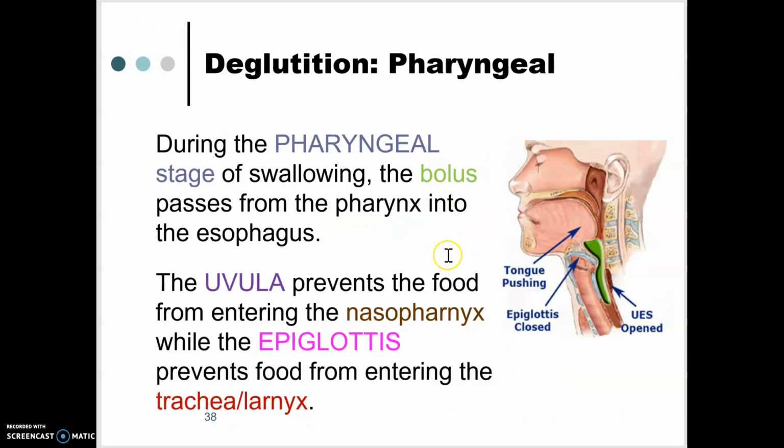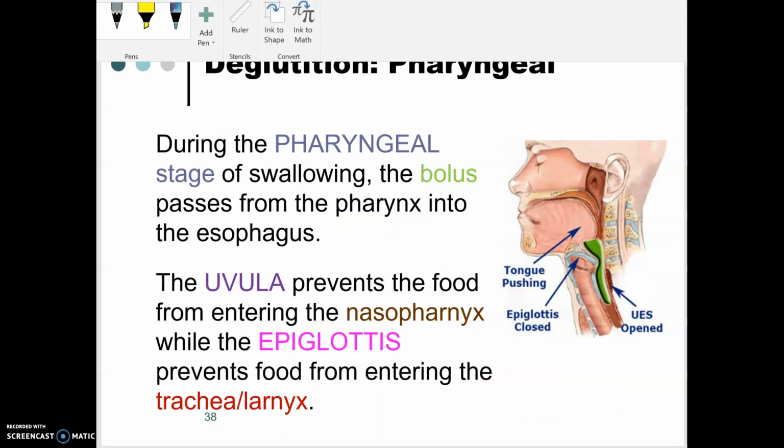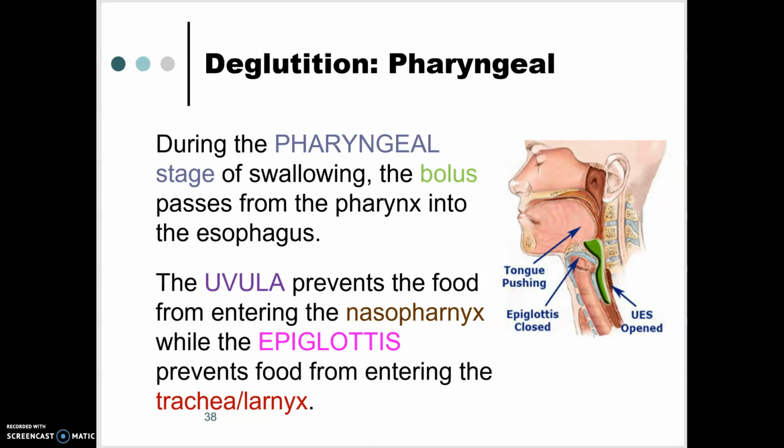Okay, so once we enter the pharyngeal stage, the bolus is passed through the oral cavity, and it needs to get into the esophagus. So a couple of different things happen. First of all, the uvula, which is a structure in the back of the throat, will swing closed, and that will shut off the nasopharynx. So that way it prevents any food from entering into the nasal cavity, so it won't interfere with your breathing.